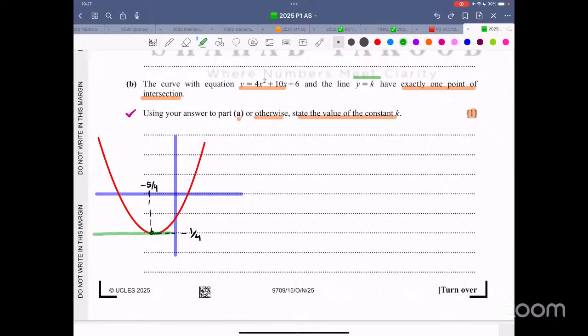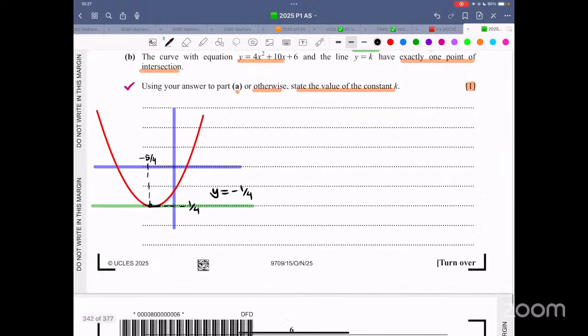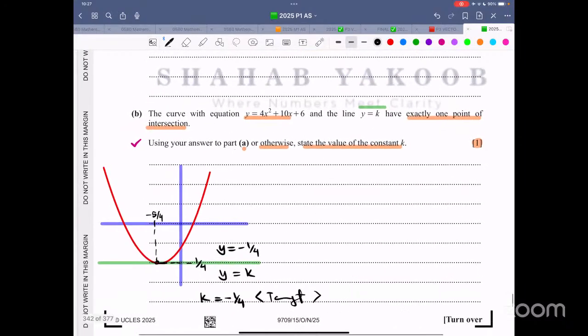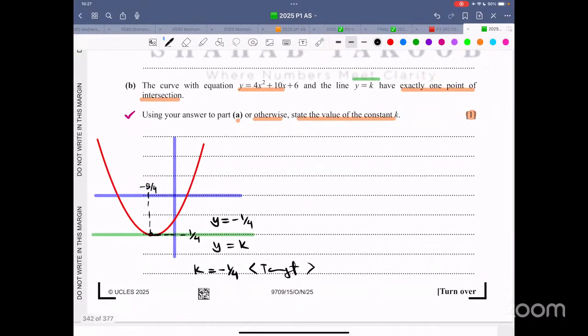So that 1 point is the tangent. So therefore, the value of k, y is equals to negative 1/4, y is equals to k. So the value of k is negative 1/4. At this point, it is tangent to the curve. 1 point of intersection means tangent. So that is using answer of part A.